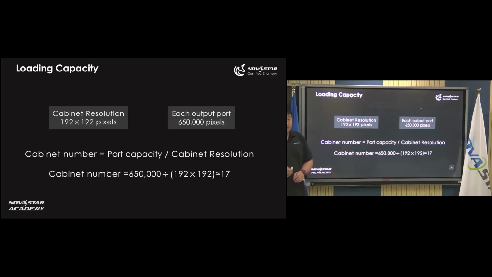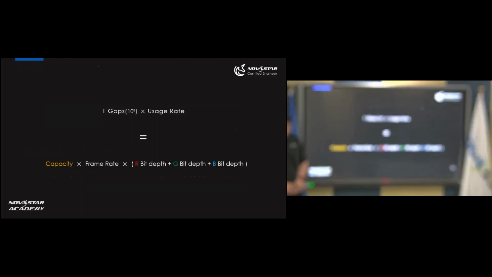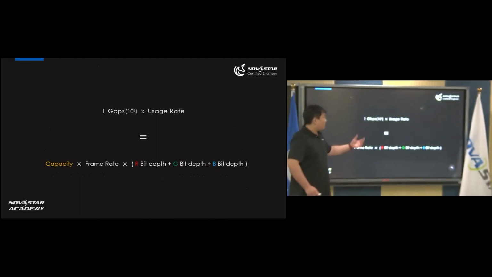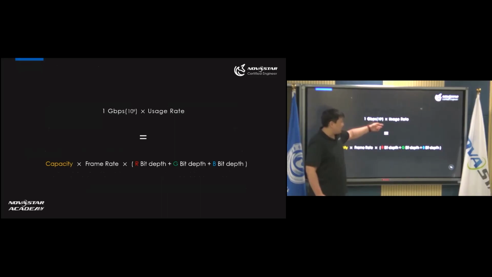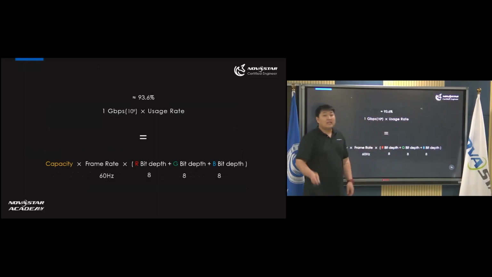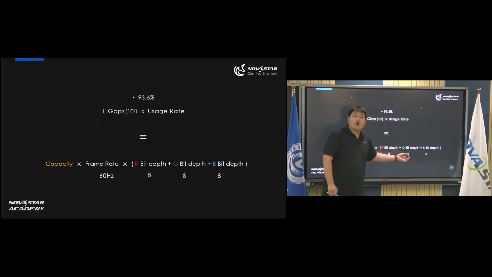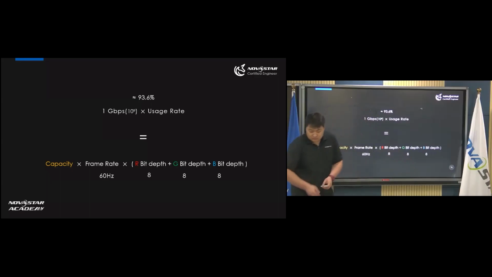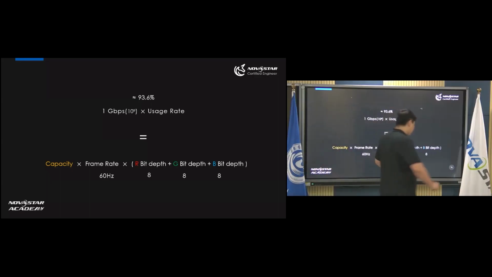Next is the formula, the most important part in today's course. 1 Gbps is 10 to the power of 9, which is the bandwidth of the Ethernet ports, and the usage rate is around 93.6%. That equals the capacity multiplied by the bit rate multiplied by the sum of RGB color depths. I will give you a hint like this.